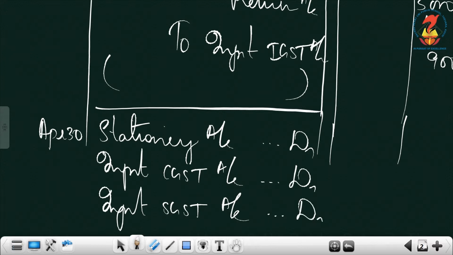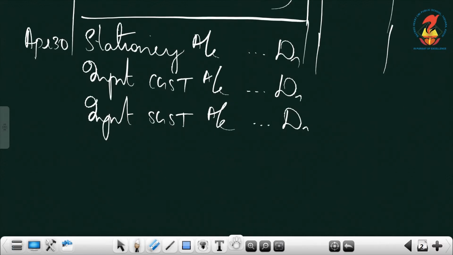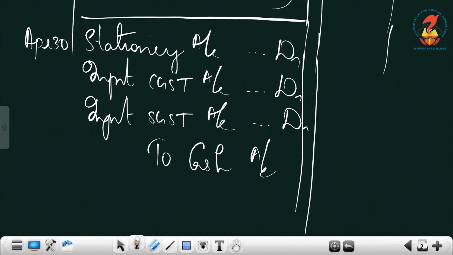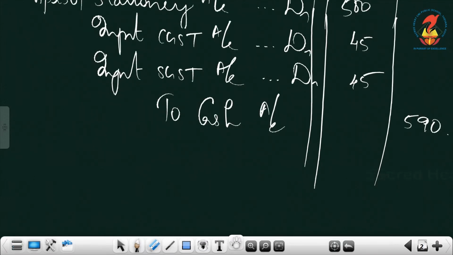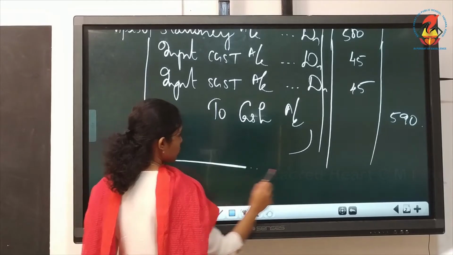So stationery account debtor, input CGST account, input SGST account debtor. Are we paying by cash? Yes, to cash account. Stationery amount is 500. Compute 9% on that. So total you can write on the credit side. Write the narration, purchase stationery and charge GST.